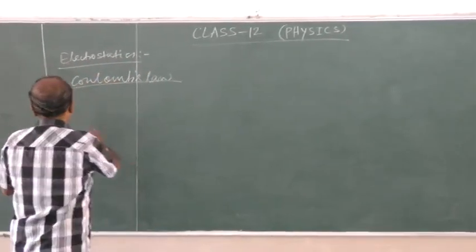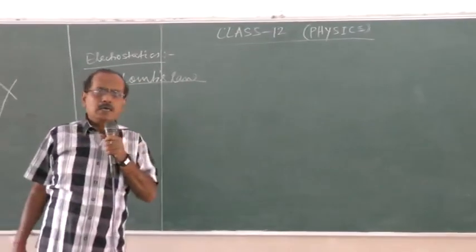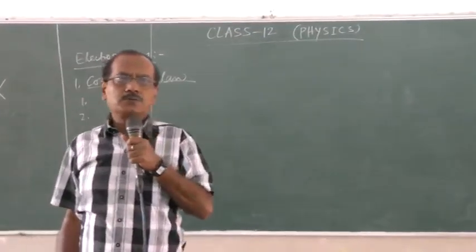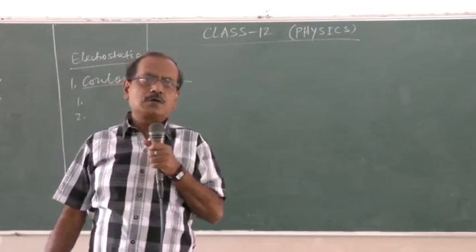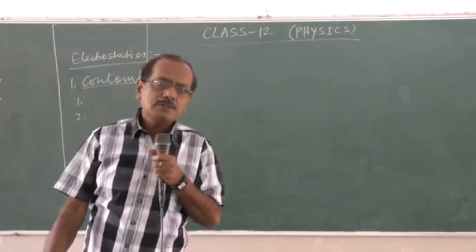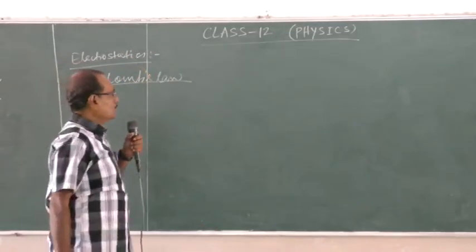Now number 2, the attraction or repulsion force is directly proportional to the product of the charges and inversely proportional to the square of their distance.